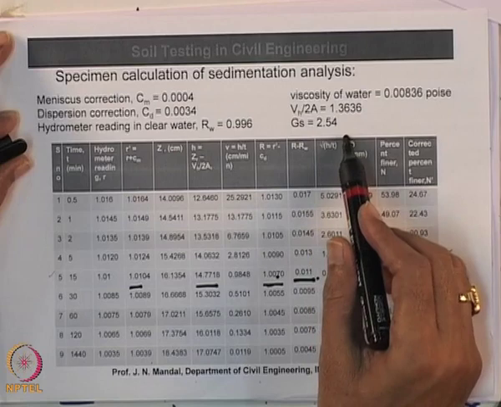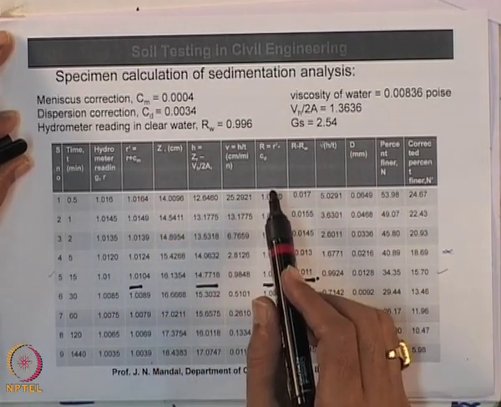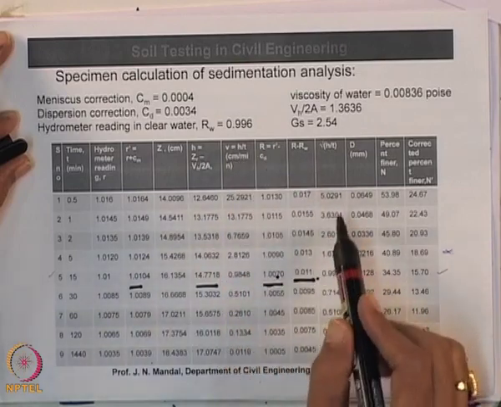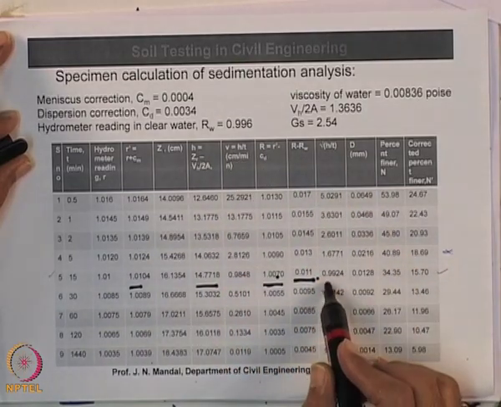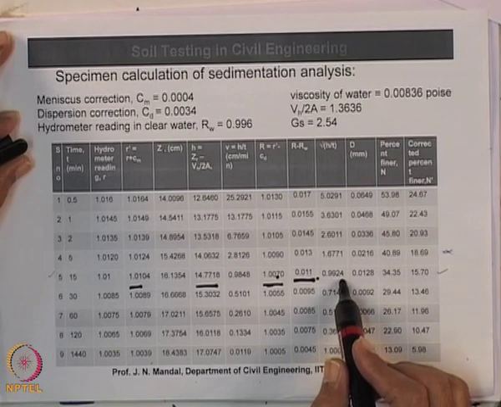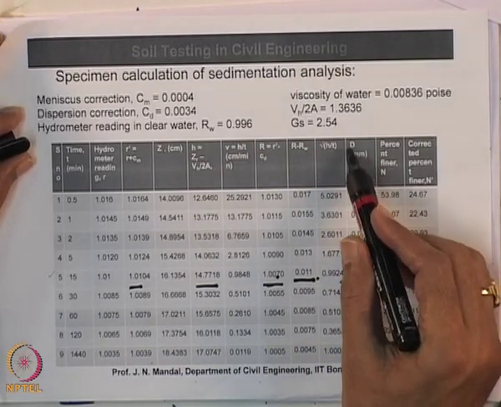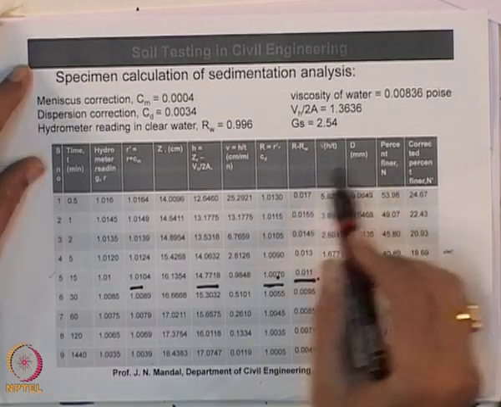Now, this is the root of h by t. You know V, that means h by t. If you take the root of h by t, that gives 0.9924. And then I told you about the equation for D, which is related to this.